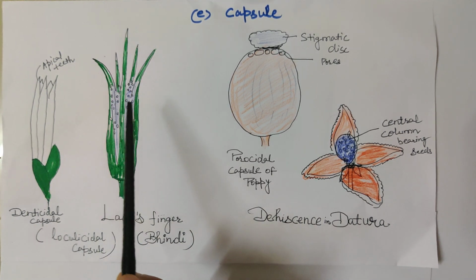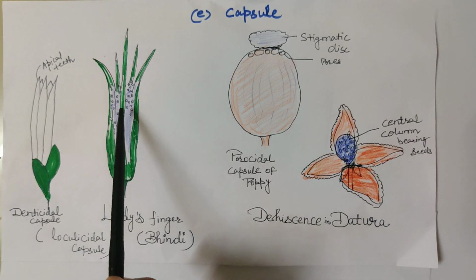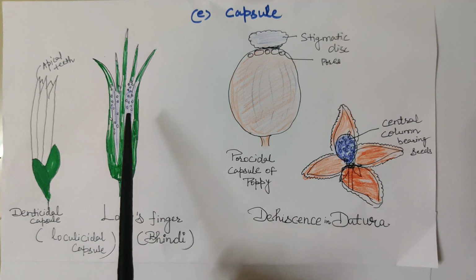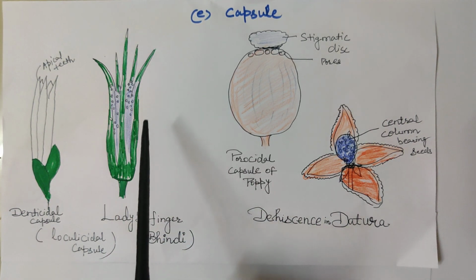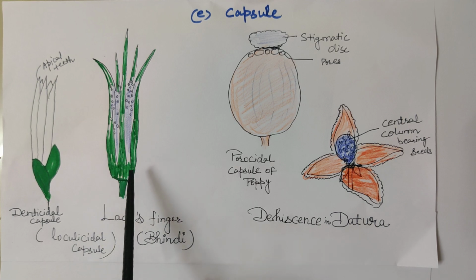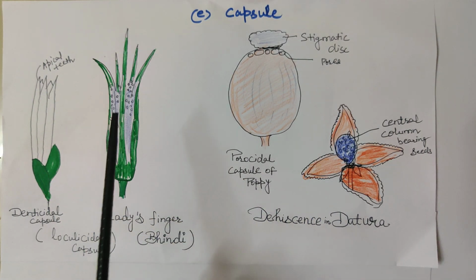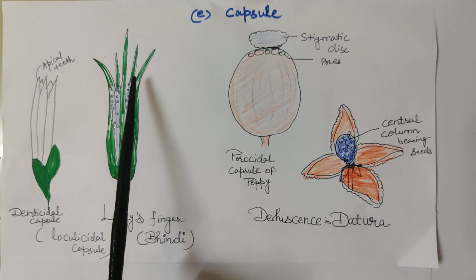If you visit a field with lady's finger, you can observe that on maturity they split up and release their seeds. So it is called a loculicidal capsule, because locule-wise splitting is happening and the valves open in this manner.